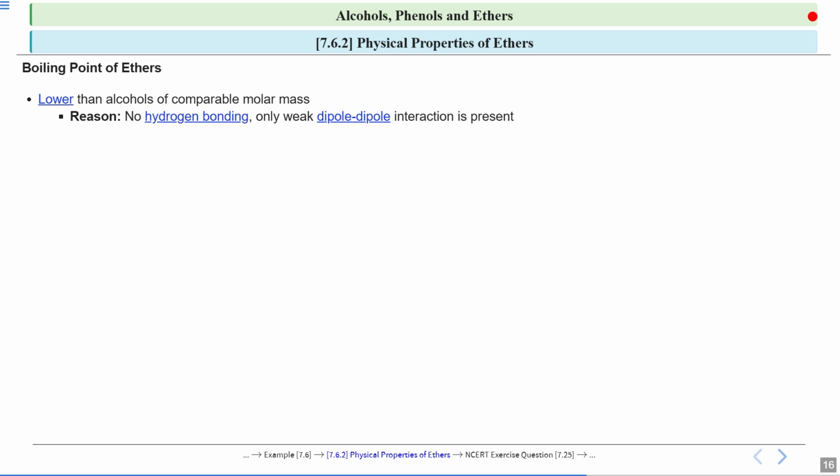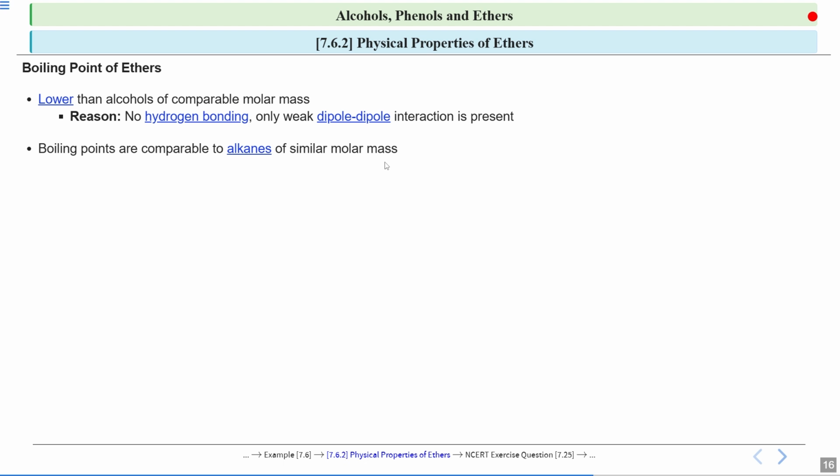These arise from the carbon-oxygen bond, which is a polar bond. So there is slight polarity in ethers and a net dipole moment. So ethers only have weak dipole interactions.